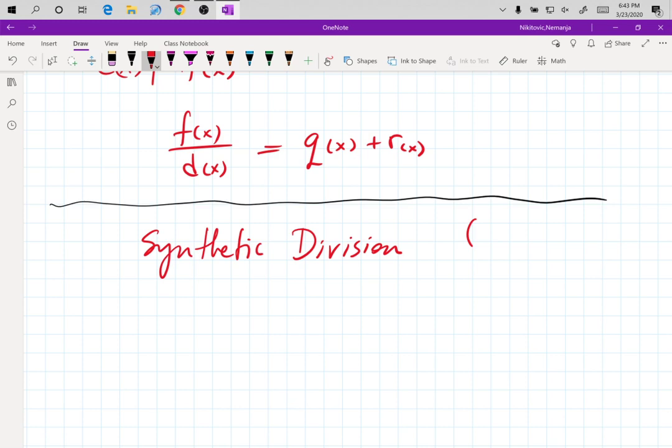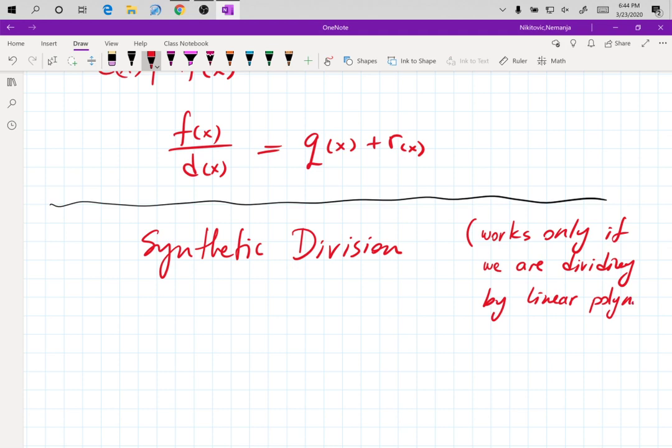And I'll put here immediately: works only if we are dividing by a linear polynomial. That is very, very important. The method will fail every other way.